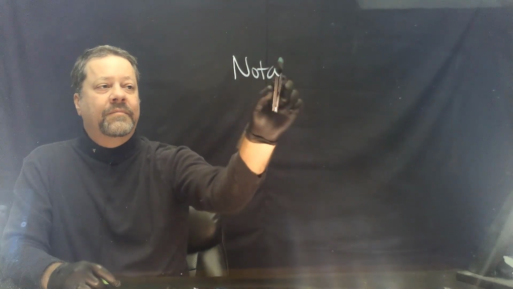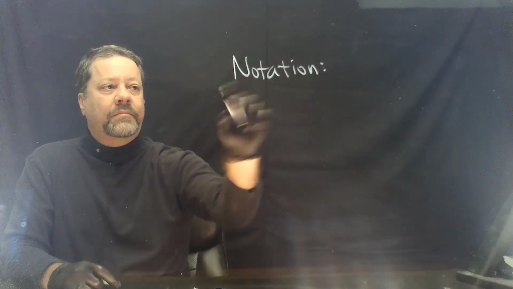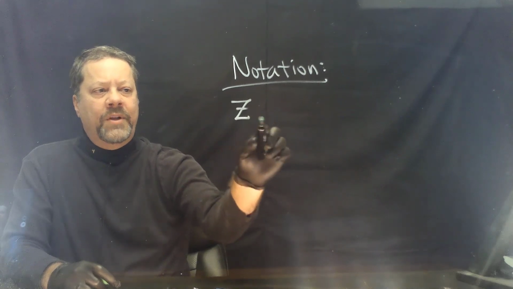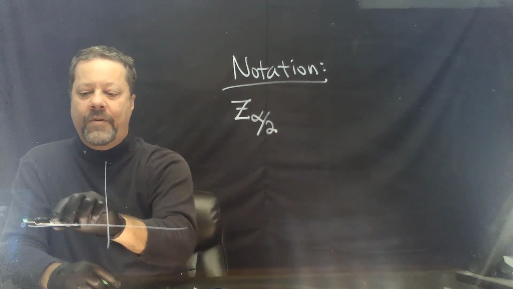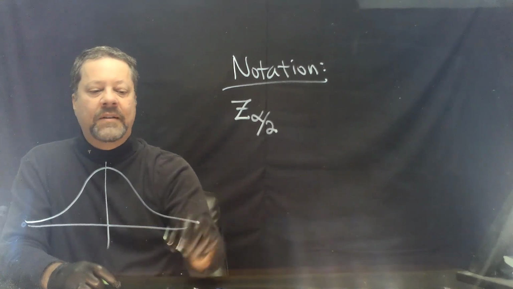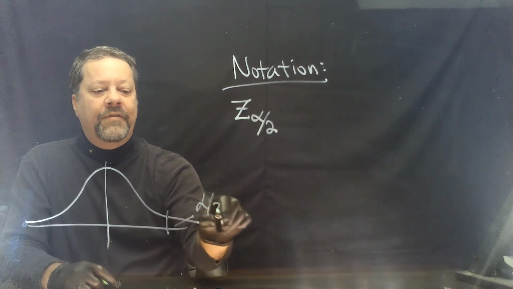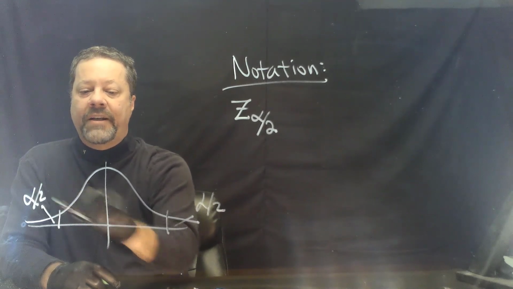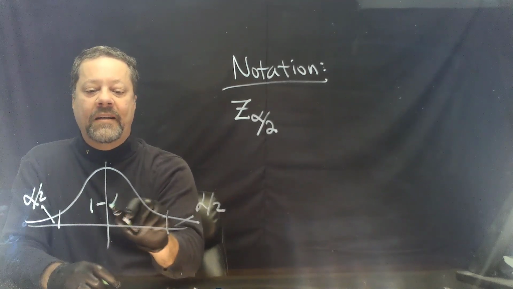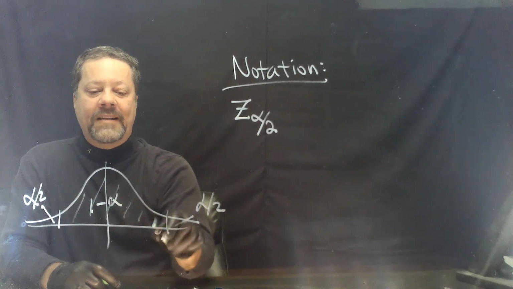For confidence intervals, these critical z-scores have a notation. We usually split the area in two for a standard normal curve. We'll put alpha over 2 area here and alpha over 2 area here, so the area in between is 1 minus alpha.